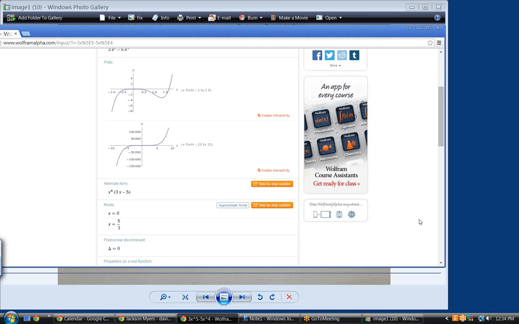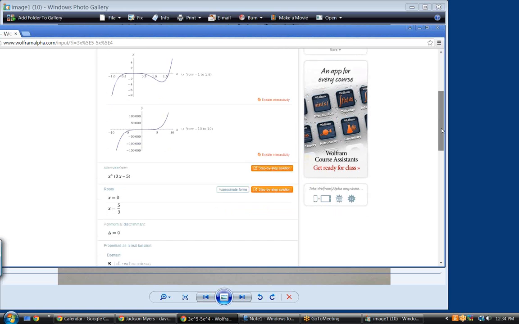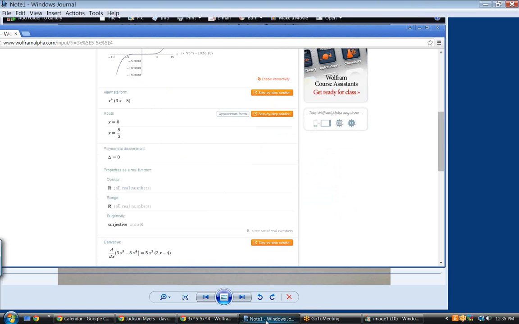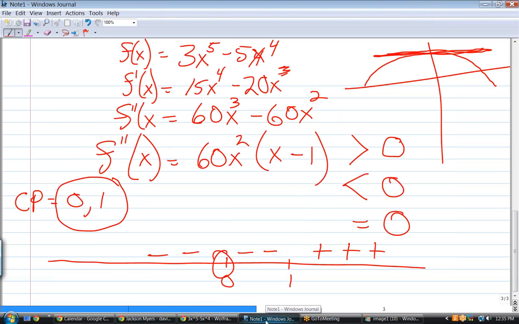Which I didn't know. Well, let's go beyond this issue. I'm a little confused about it. It makes sense that there would not be an inflection point there because you need the sign of the second derivative to change. Why the second derivative is equal to 0 at 0 puzzles me.